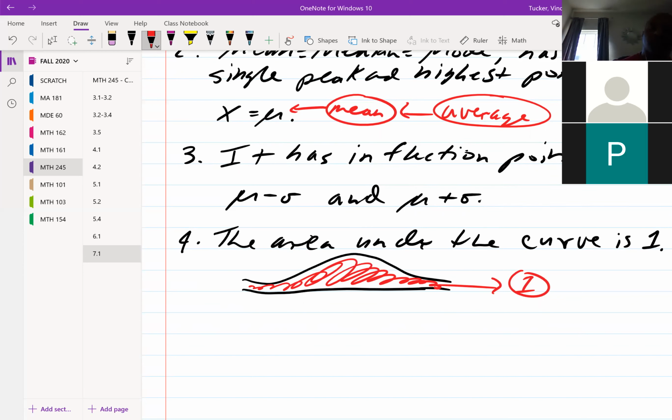So if you were to go from here to here, if this is 0.25, then you automatically know this is 0.75. Or if this is 0.3, you know this is 0.7. So everything under that curve is equal to 1.